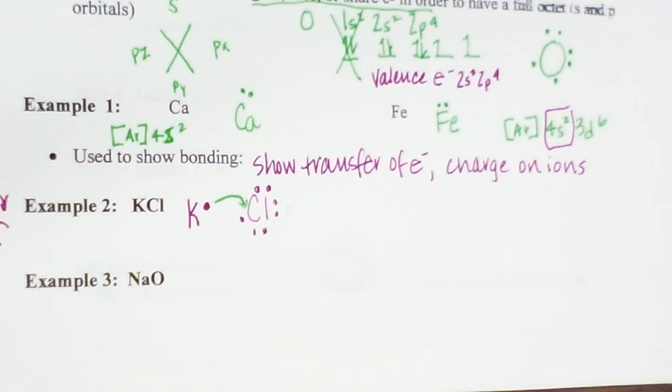I know this is going to happen because chlorine has a higher ionization energy than potassium, because potassium wants to get rid of its electron so it's full, and chlorine wants one because now it's full.